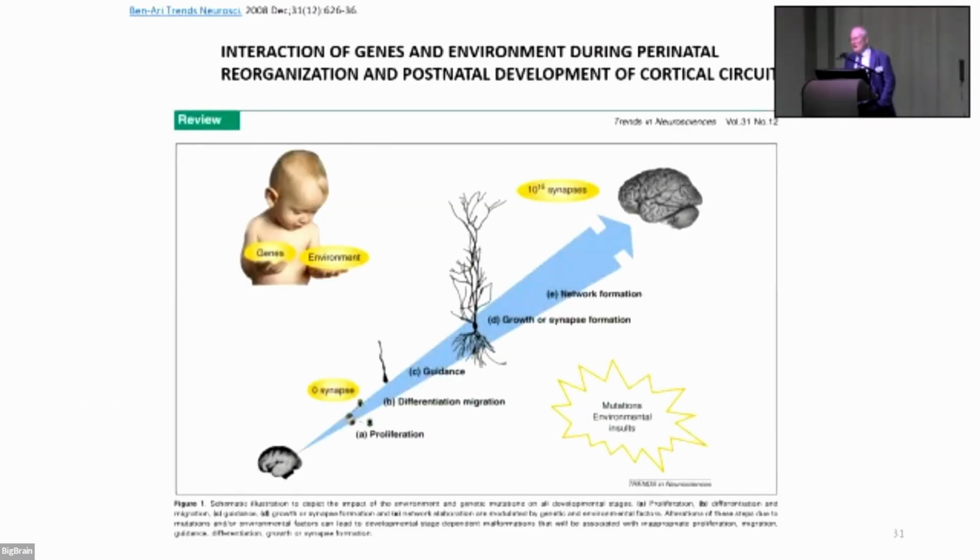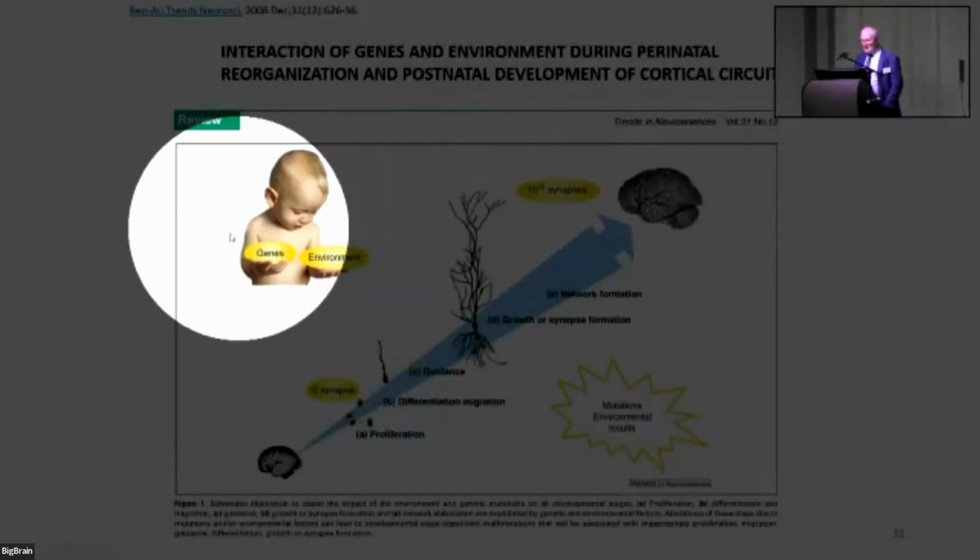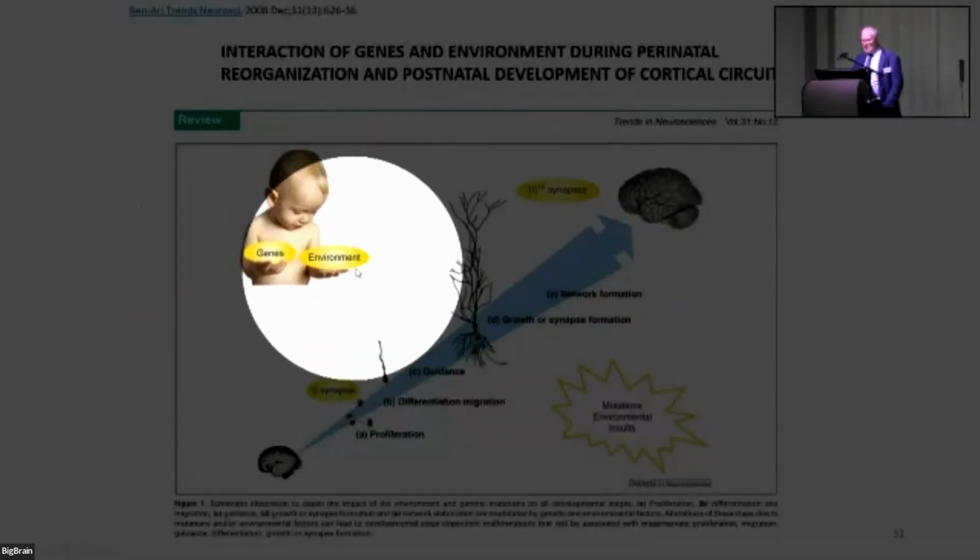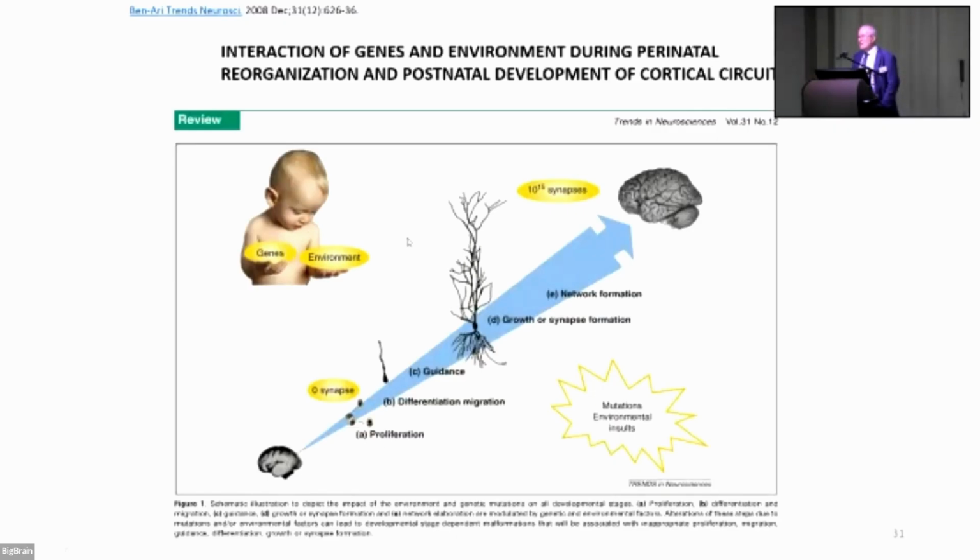Actually, this emotional, visceral behavior is already there. And this is an old scheme, but it nicely shows the battle between scientists about what is more important, genes or environment. Of course, both are important, because the environment shapes the genetically based wiring.